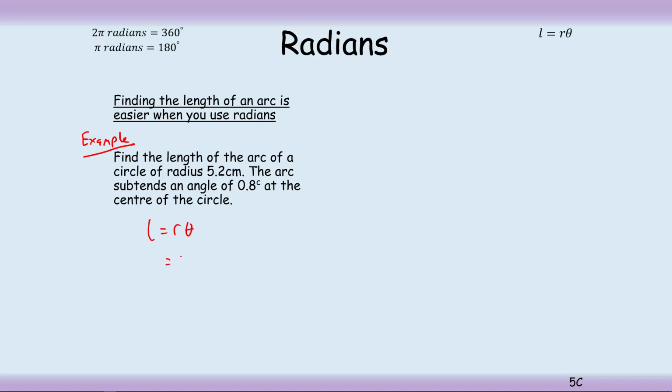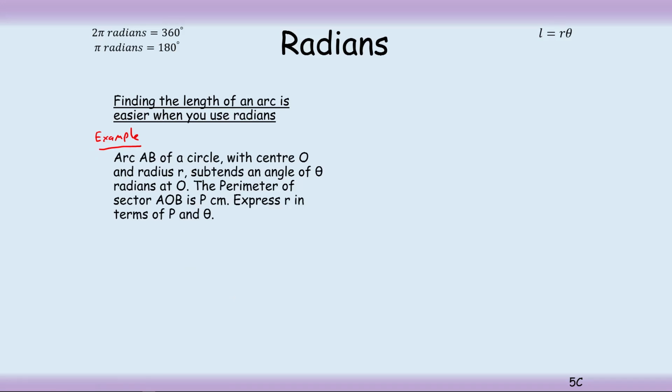The radius is 5.2 times the angle 0.8. When we work that out, it's going to give us 4.16 centimeters. And it's that simple. The length is 4.16 centimeters. Job done. So hit pause, make some notes, and let's have a look at another example.